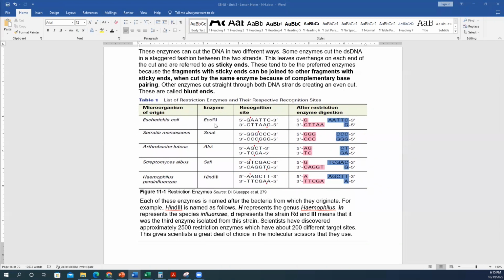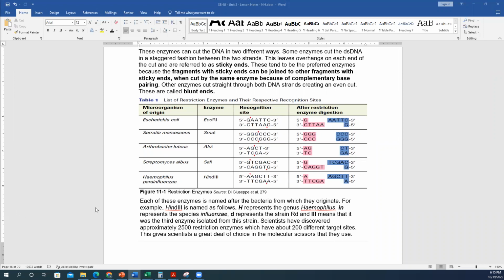For example, EcoR1 comes from E. coli. Sma1 comes from Serratia marcescens. I'm not sure how to pronounce that one, sorry. There's also Alu1 from Arthrobacter luteus, Sal1 from Streptomyces albus, and HindIII from Haemophilus parainfluenzae.